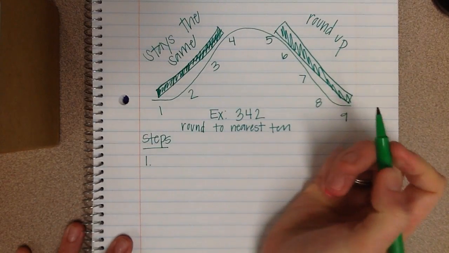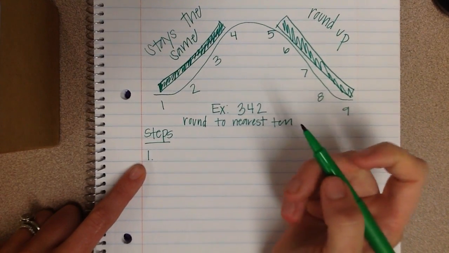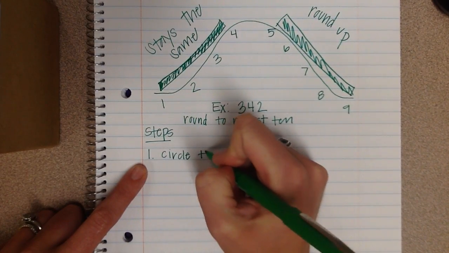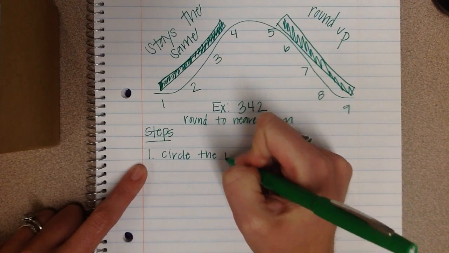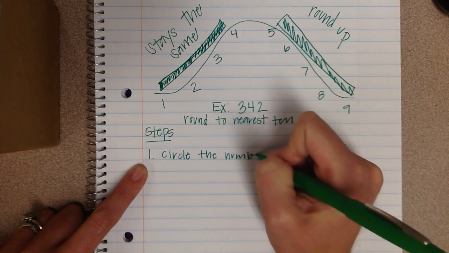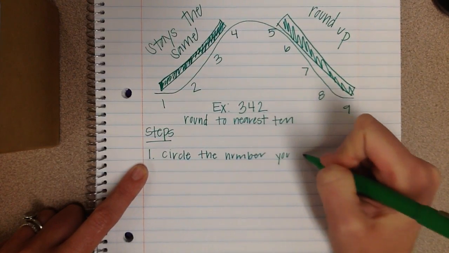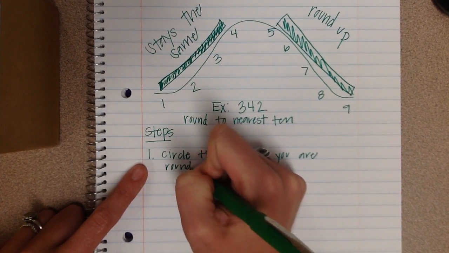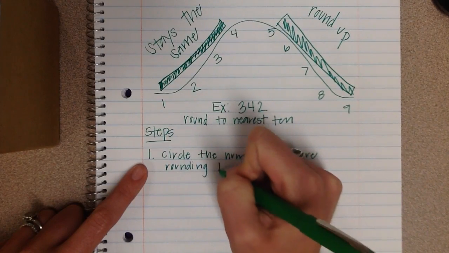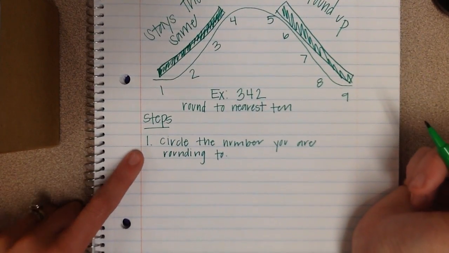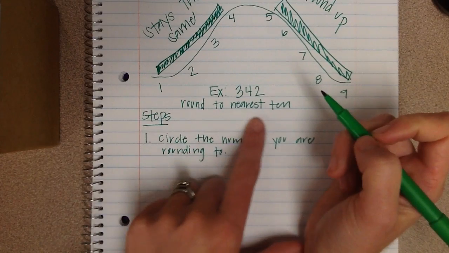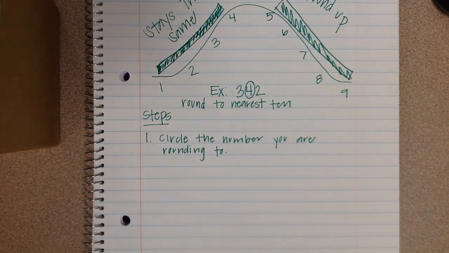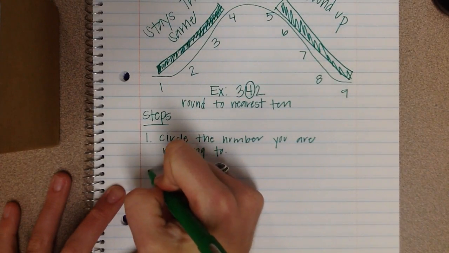Okay, so step 1, you are going to circle the number you are rounding to. It says round to the nearest 10, so I'm going to circle the 4 because that's in the 10 spot.